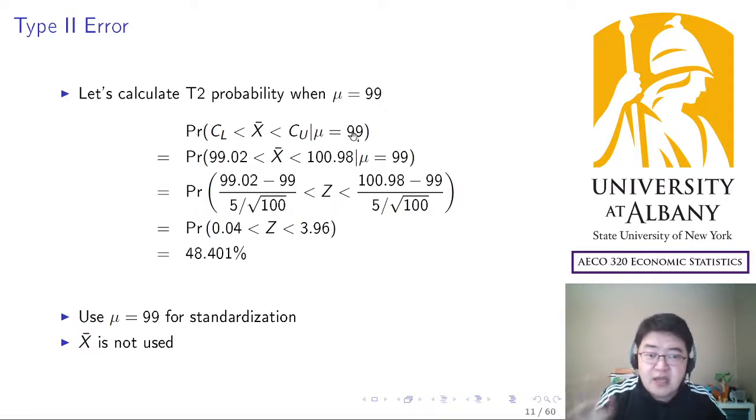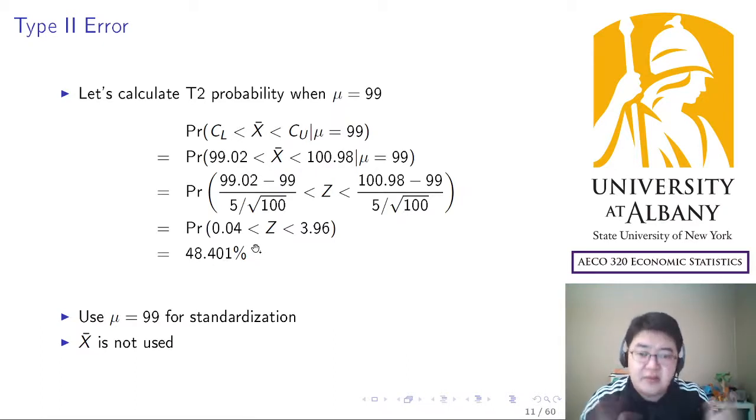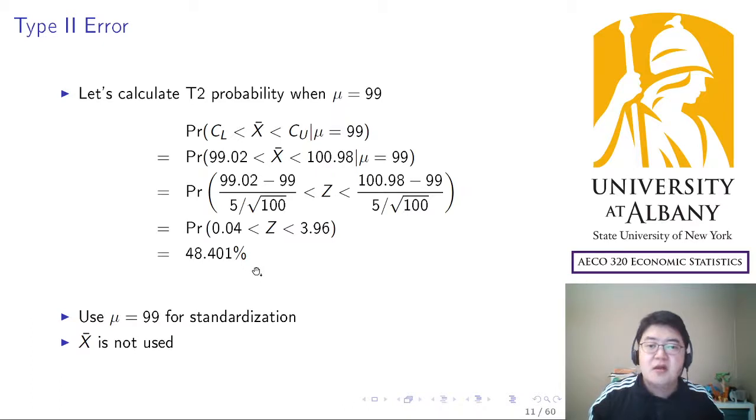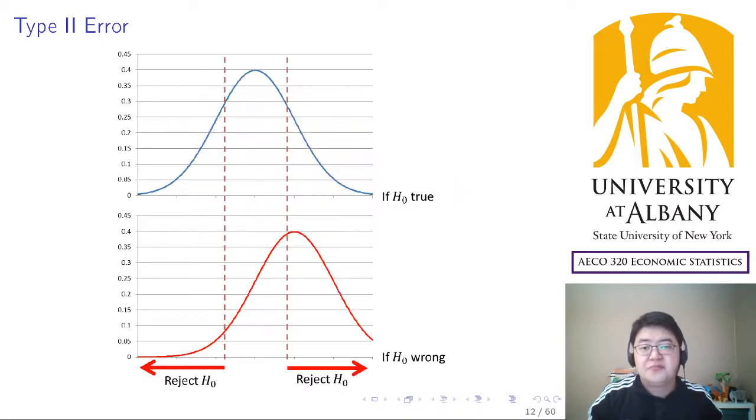If you chose 98, you are going to have a different probability. So type 2 error probability depends on which value you assume. And also, I still did not specify what the sample mean was. Sample mean is not required to calculate type 2 error probability. That's also clear from the algebra.